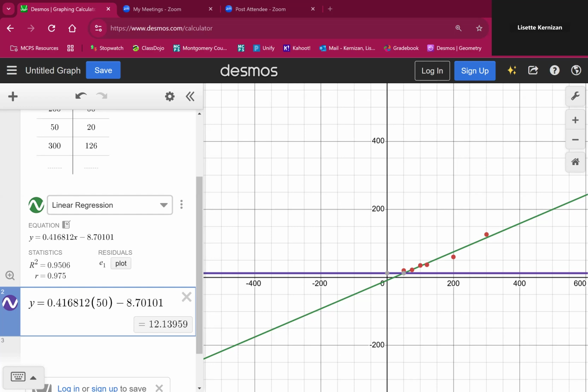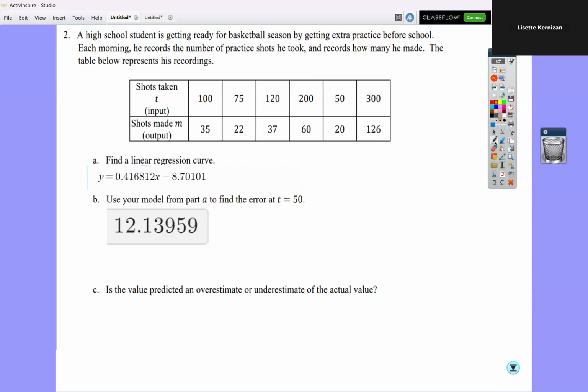All right, and then I'm going to share my screen. So for the regression line, you can either write the whole thing or you can write it as y equals 0.417x minus 8.701.